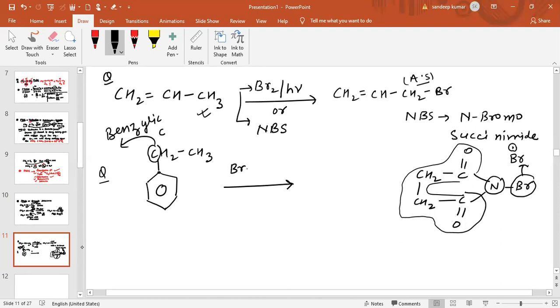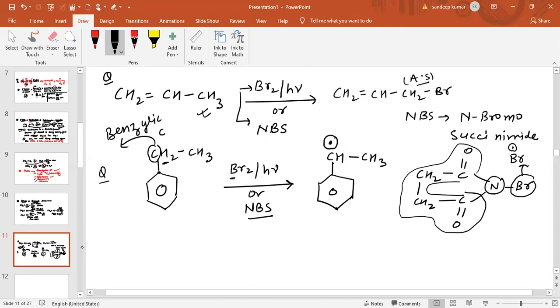If you use Br2 in presence of sunlight or you use NBS, that is N-bromo succinimide, one of the hydrogen atoms will be replaced by bromine because the benzylic free radical is more stable. First, I am drawing the intermediate. So the intermediate obtained after removal of hydrogen is the benzylic free radical.